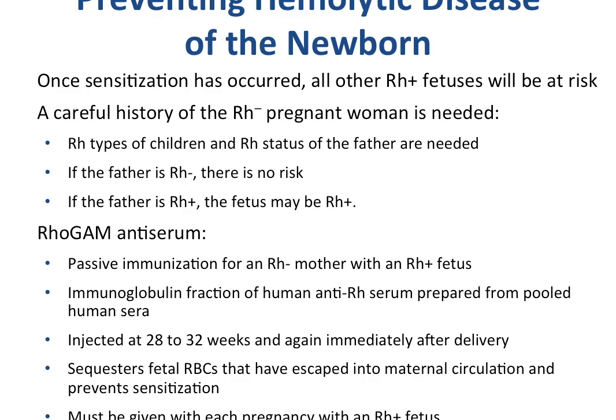The antibody medication is called RhoGAM. We can inject this medication at 28 and 32 weeks, and immediately after delivery. This means we have to give the mama 3 doses.